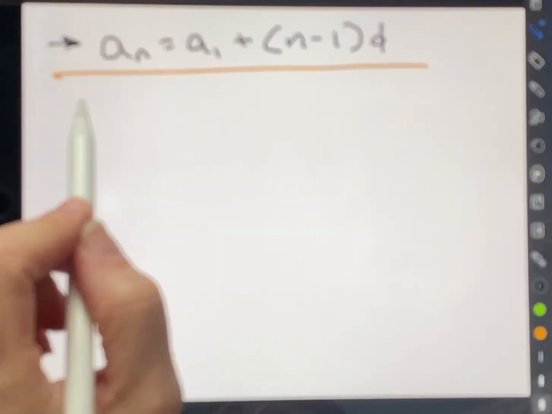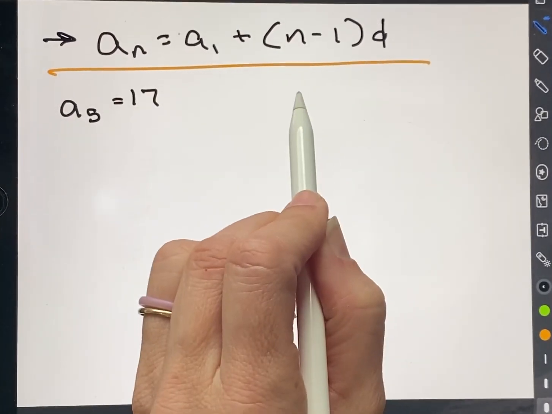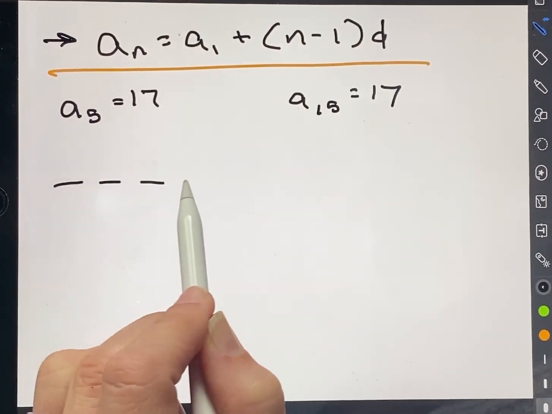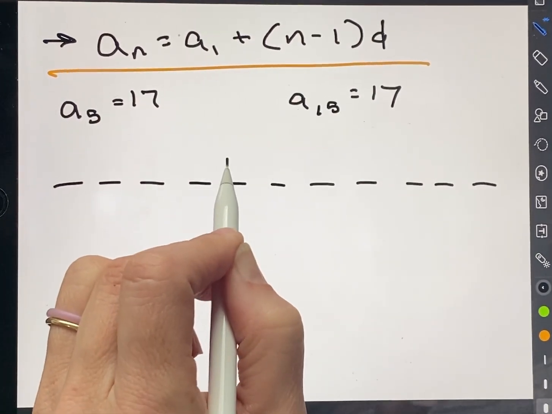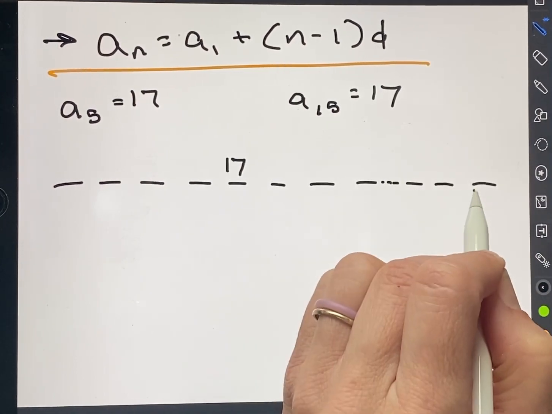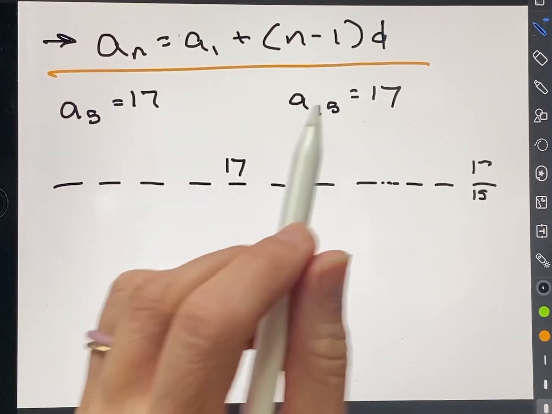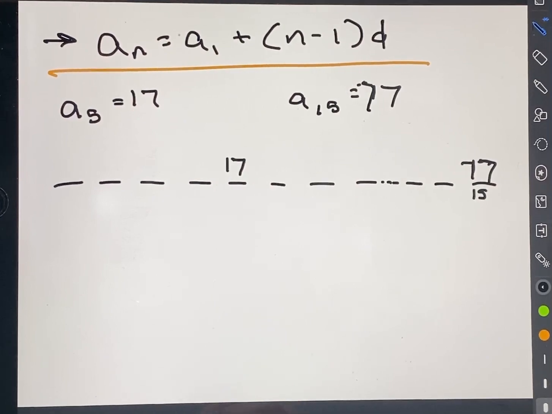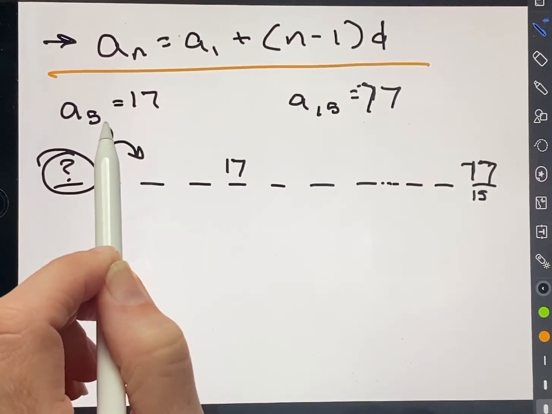So for example, 33 tells us that A sub 5 is 17 and A sub 15 equals 77. So we have this sequence, and the 5th term is 17, and somewhere down the line on the 15th term, we have 77. So we're trying to figure out where did we start and what are we jumping by.